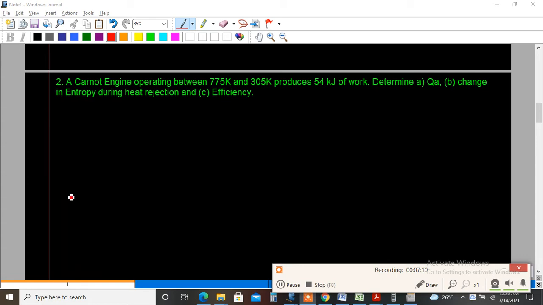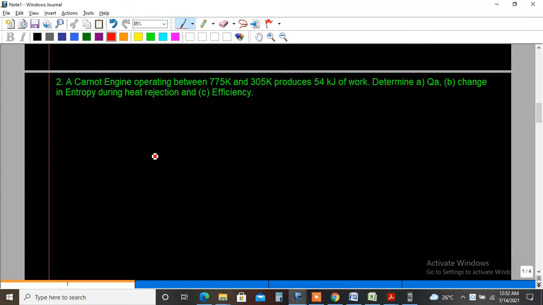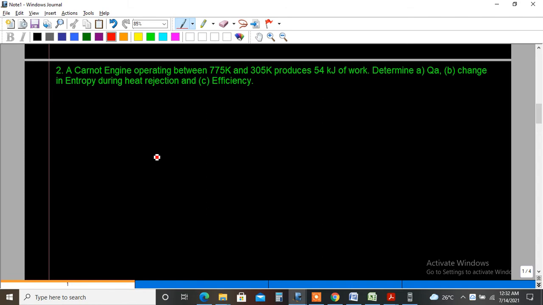So in this problem, there are three parameters being asked. So let's find the givens. What are the givens in the problem?